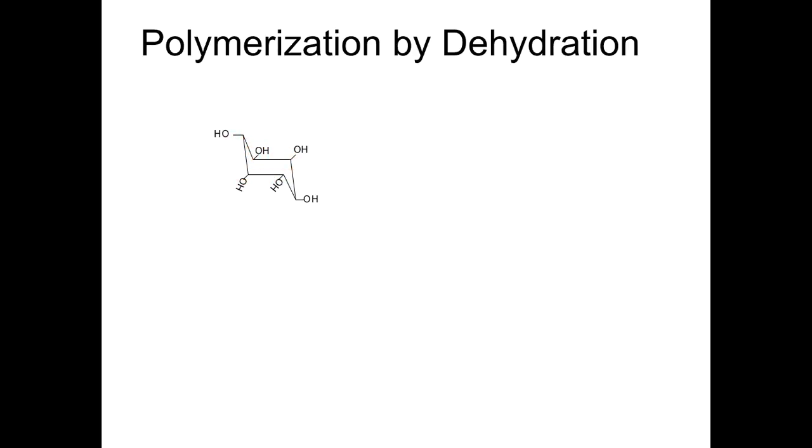You can see that this glucose has a bunch of OHs coming off of it. If we have more than one glucose coming in together, so here we have a second glucose, we are going to polymerize them by dehydration. Keep an eye on these two groups here.